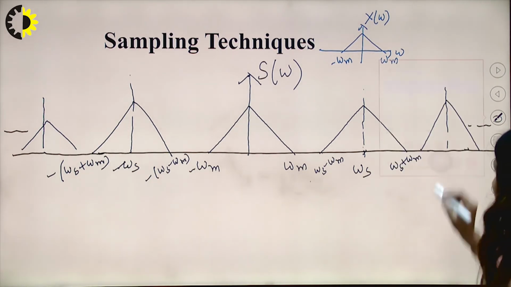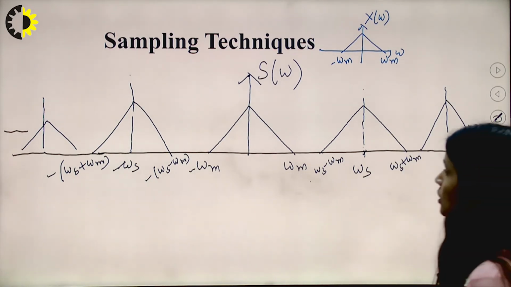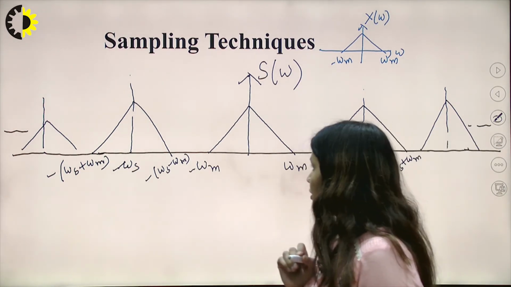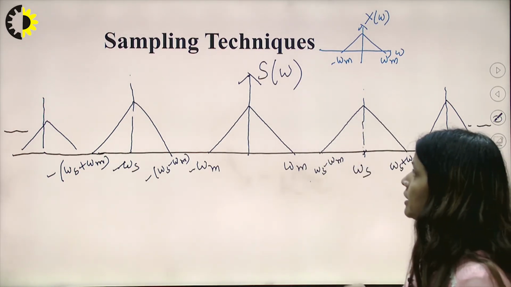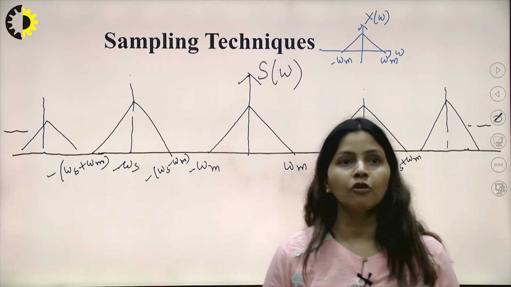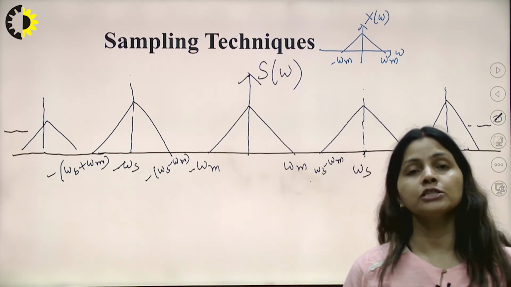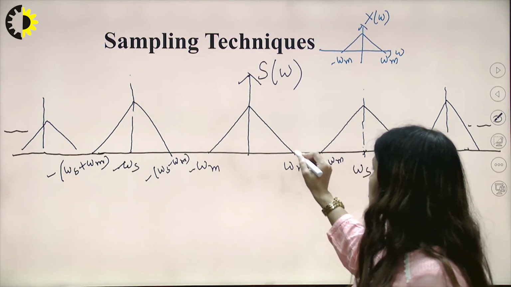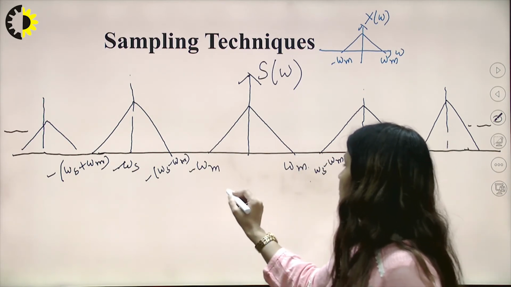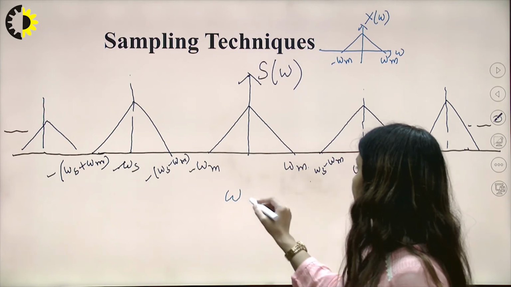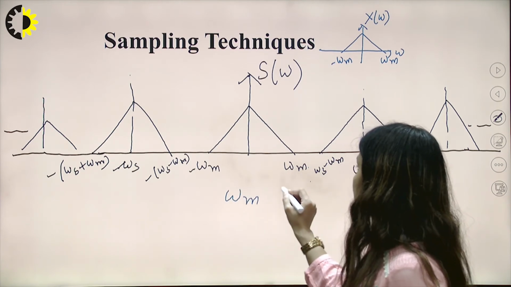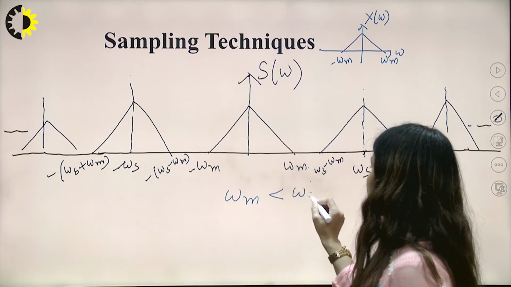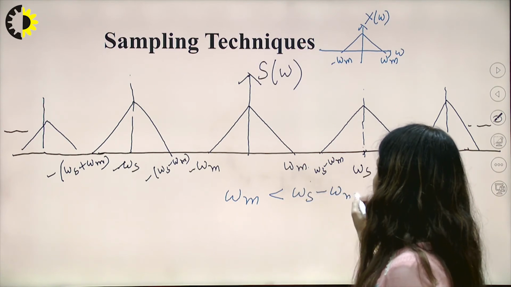Now observe very carefully that after obtaining this spectrum for S of omega, this omega m is less than omega s minus omega m.